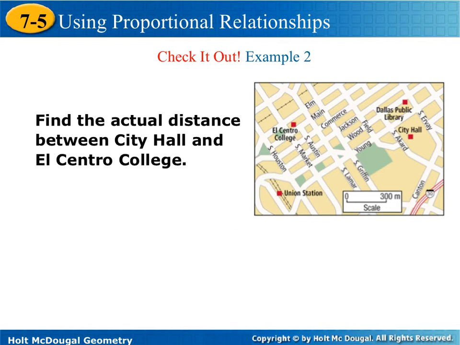So find the actual distance between City Hall and El Centro College. Here, let's say this is 1 centimeter. So for every 1 centimeter, it corresponds to 300 meters for our scale.